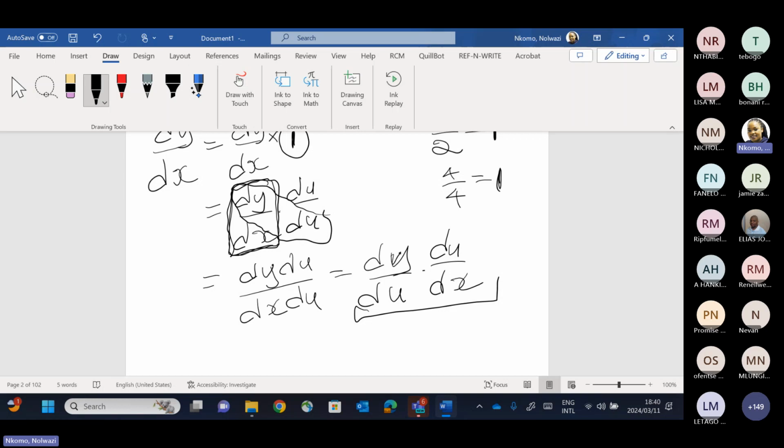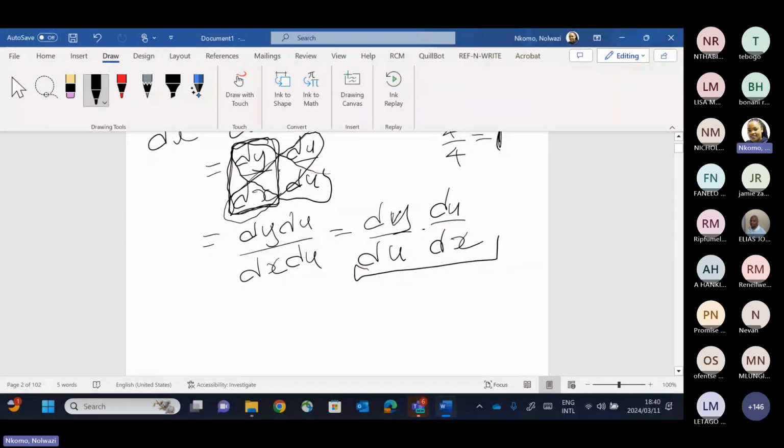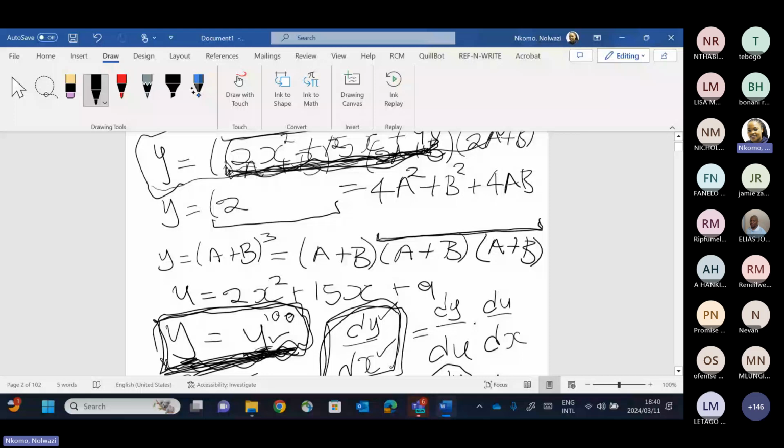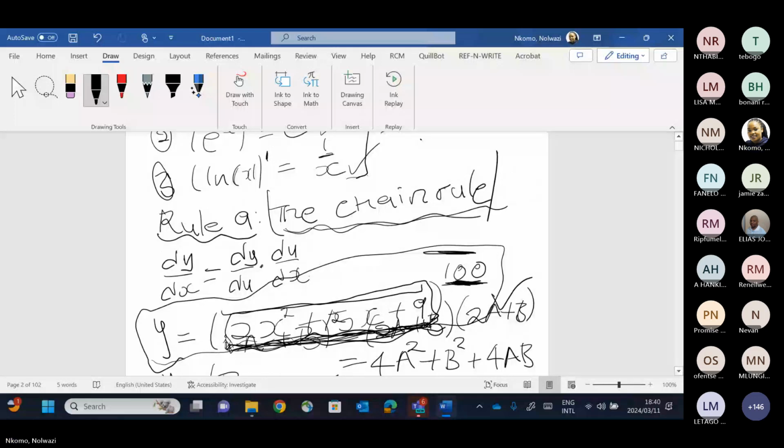And then we have u, which is in terms of x, so we can also find this term, right? And if we write them like this, we have dy over du times du over dx, and that is the chain rule. So in this function, we can use the chain rule to find the derivative.